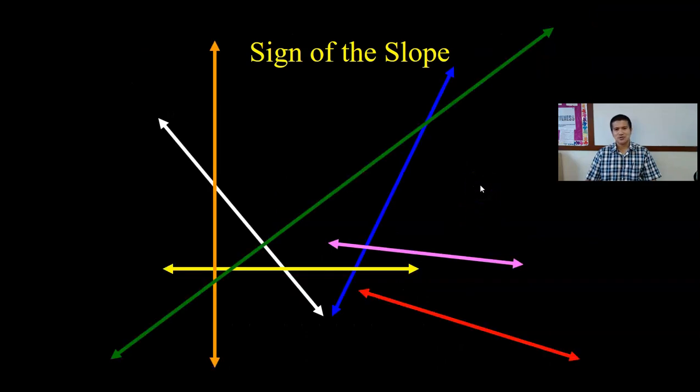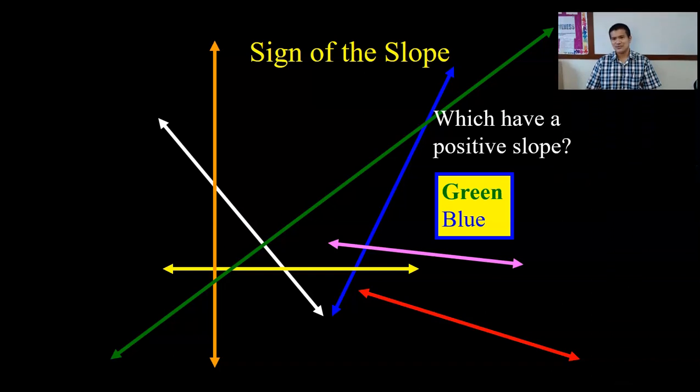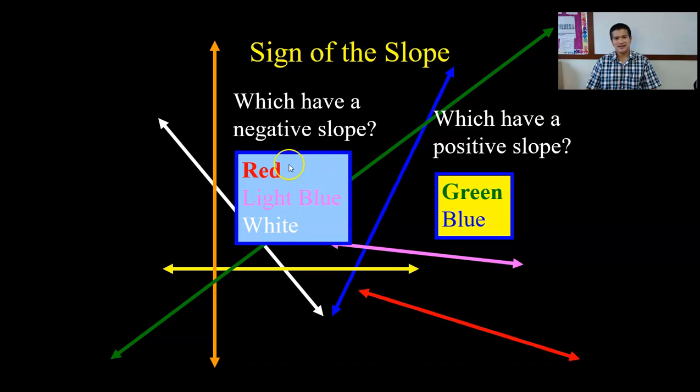Now the sign of the slope. We can see which lines have a positive slope. The positive slopes will be the green and blue, and the negative slopes are the red, light blue, and the white.